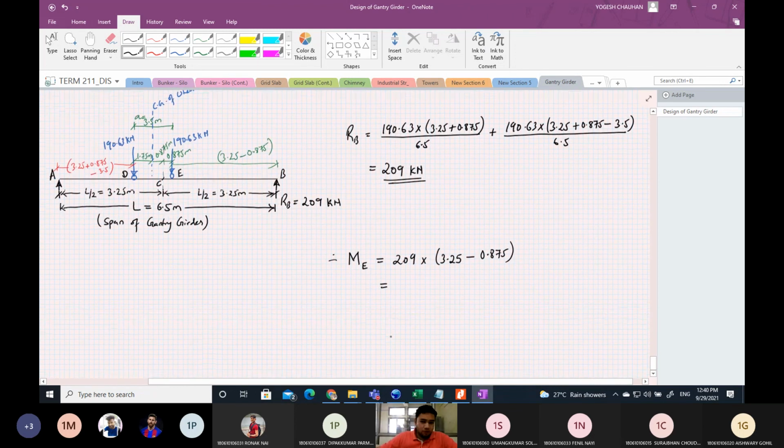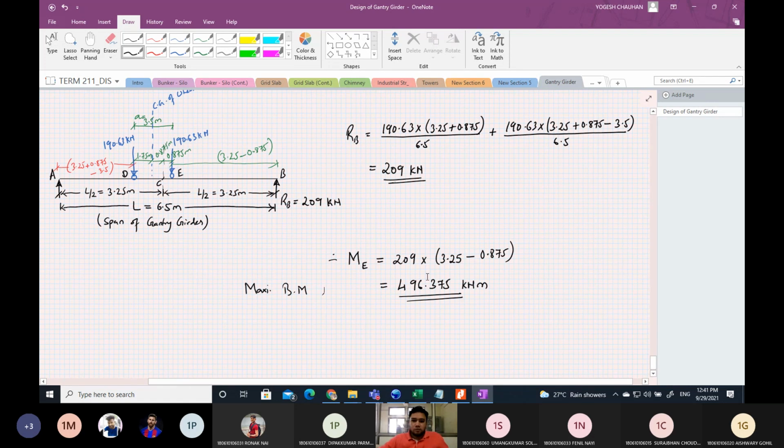This bending moment will be 496.375 kilonewton meter. So this is the maximum bending moment. Okay. This value.